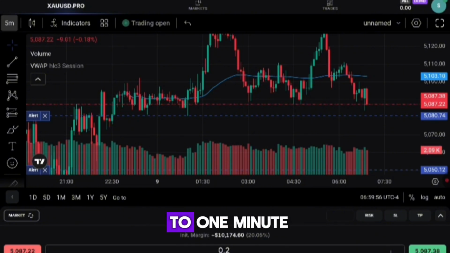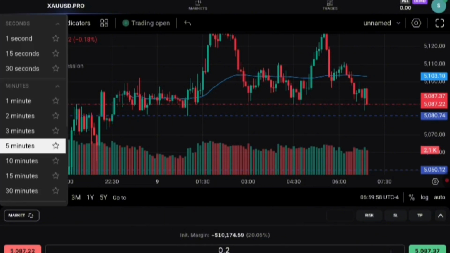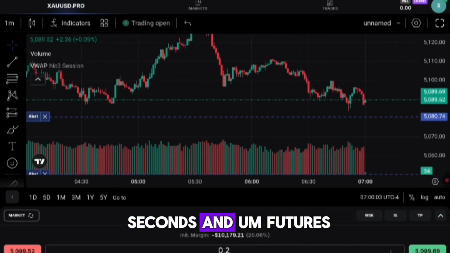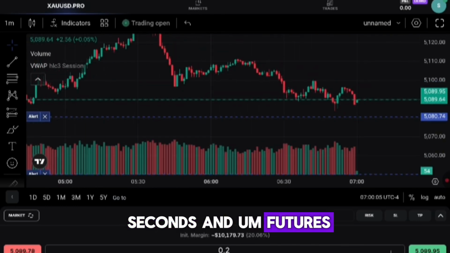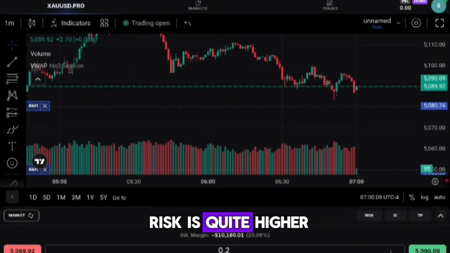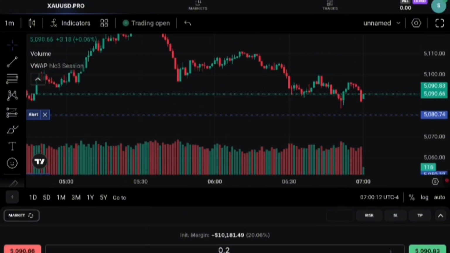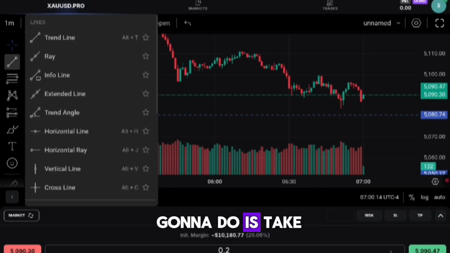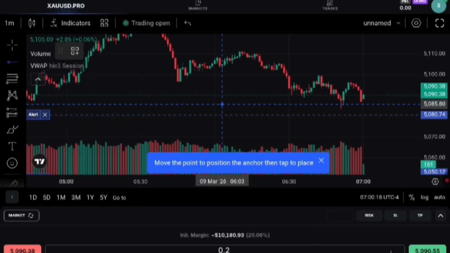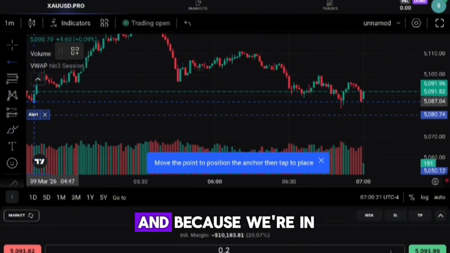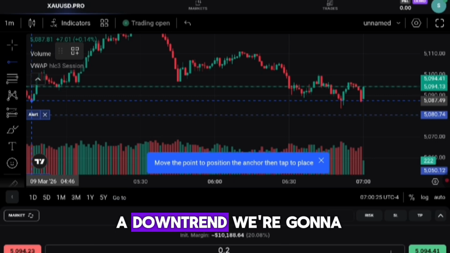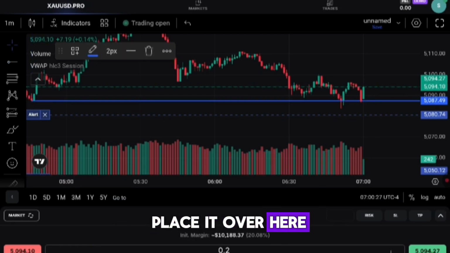So okay, let's go to 1 minute. You could use this strategy even in 15 seconds and futures, but of course the risk is quite higher. So what you're gonna do is take a horizontal line, and because we're in a downtrend, we're gonna place it over here.